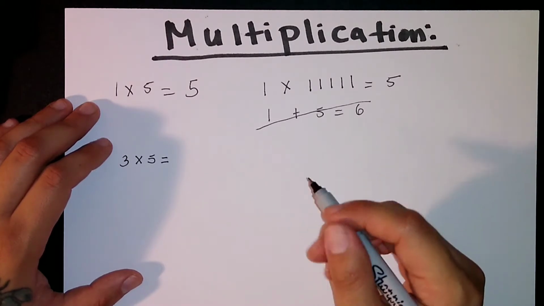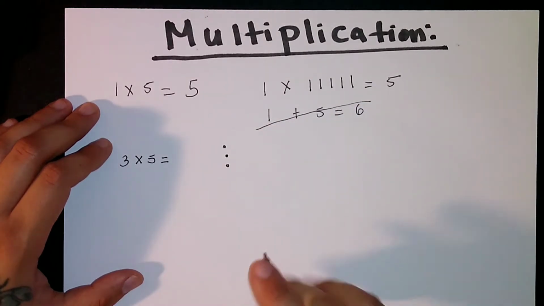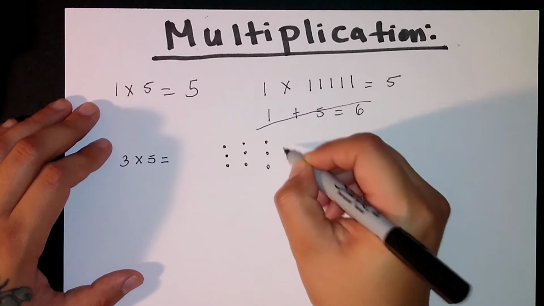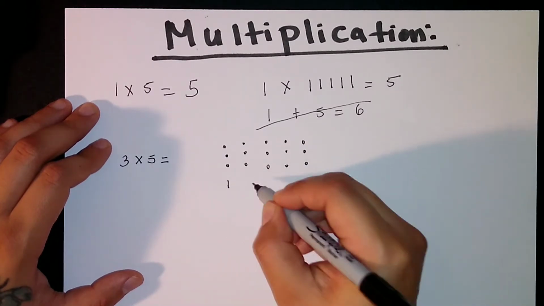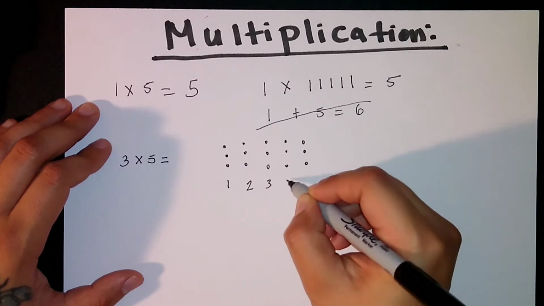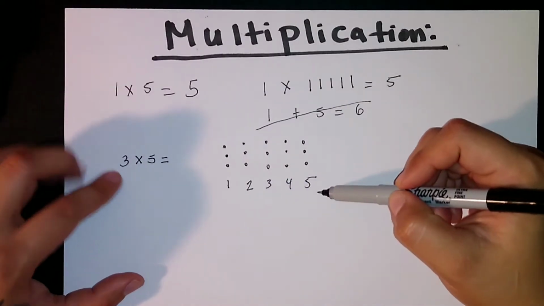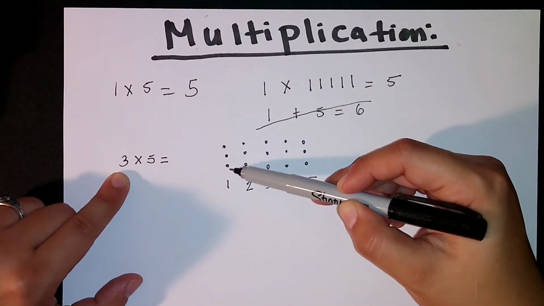What we can do is make 3 dots, and we're going to make 5 rows. So we label the 1, 2, 3, 4, 5. And in these 5 rows, we put 3 dots.